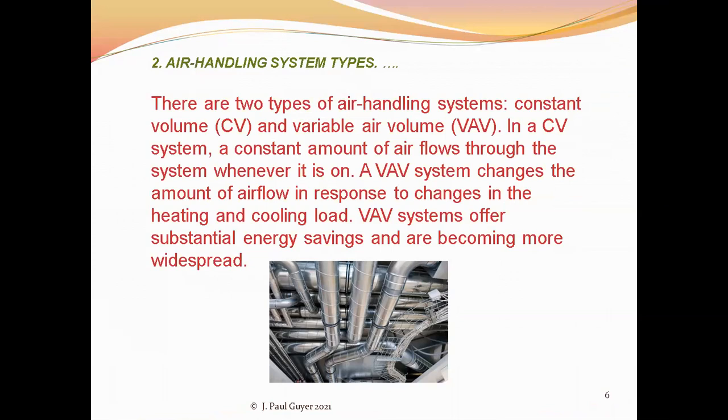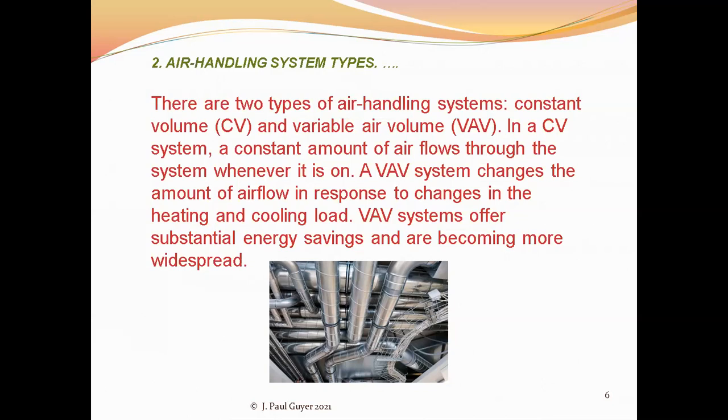Now, the constant volume systems, those are the older type of systems. They were the first air conditioning systems that were designed for buildings. And so the quantity of air that is being delivered to the occupied spaces is constant.